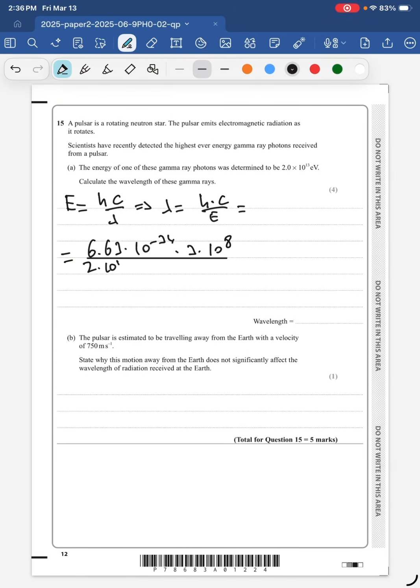So 2 times 10 to the 13, but that's electron volts, so you have to convert the electron volts to joules by multiplying by 1.6 times 10 to the negative 19. And this is in meters, and this is simply 6.22 times 10 to the negative 20 meters.